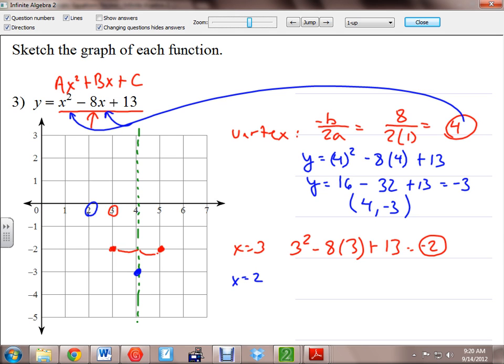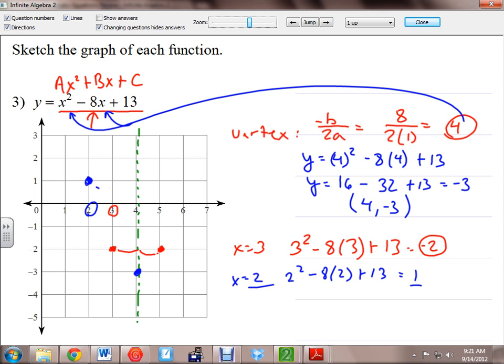So we're going to plug in x equals 2. 2 squared minus 8 times 2 plus 13. 2 squared is 4, minus 8 times 2 is 16, plus 13. So we have 4 minus 16 plus 13, and that is 1. So we plugged in 2 and we got out 1. So we have a point at (2, 1).